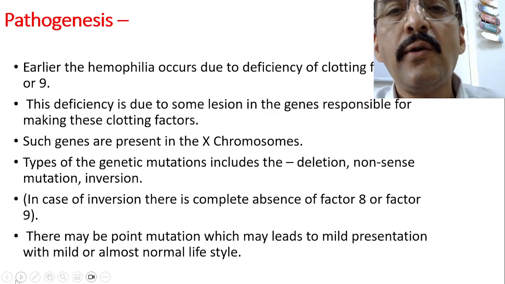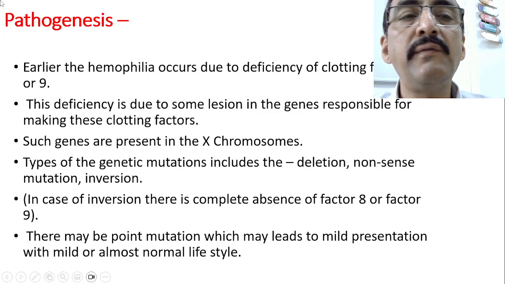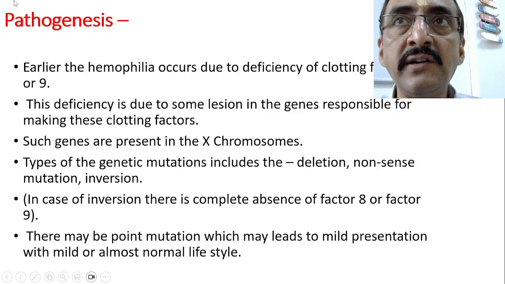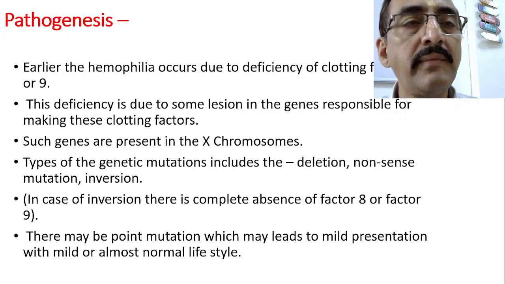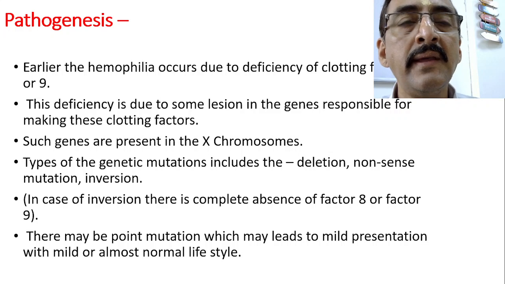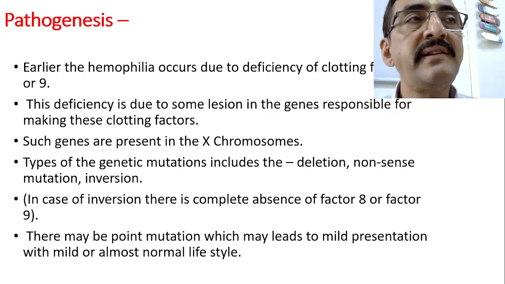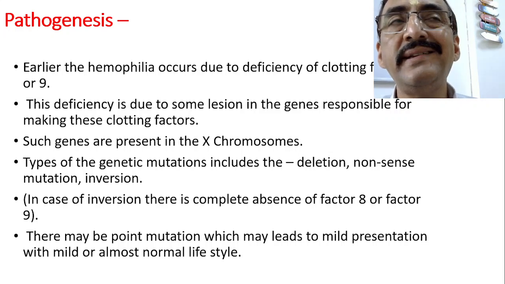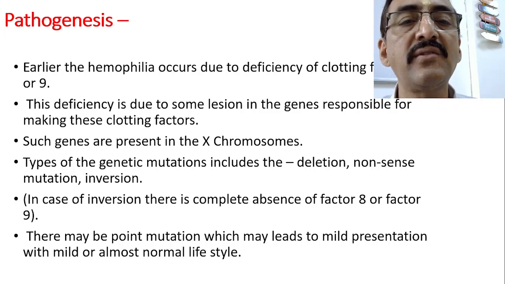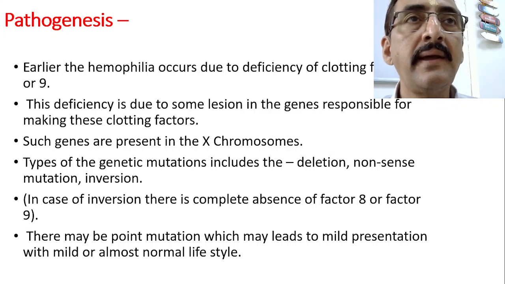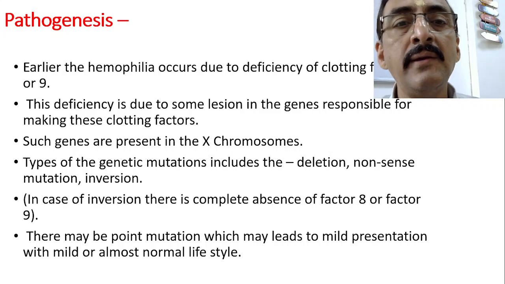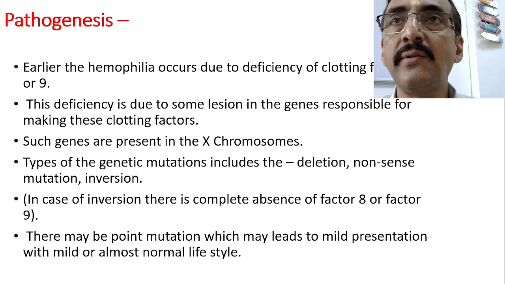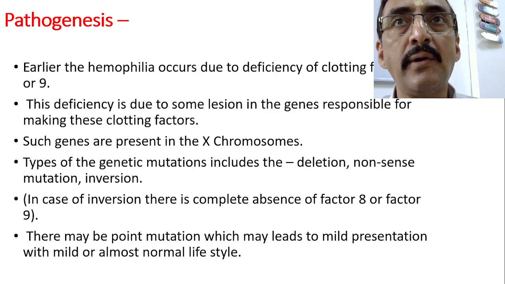Earlier, it was understood that hemophilia occurs due to deficiency of clotting factor 8 or 9. This deficiency may be due to some lesion in the genes responsible for making these clotting factors. There are genes in each cell of your body responsible for making all the clotting factors.